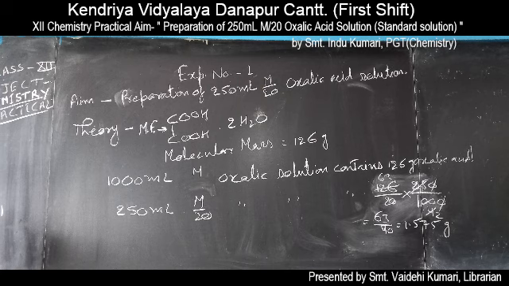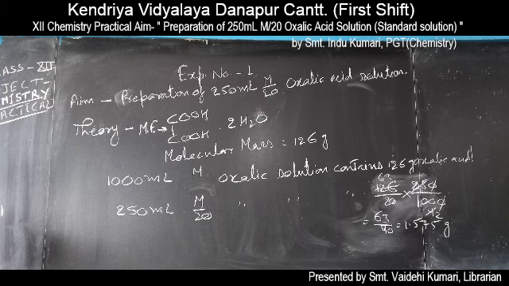Now, how will we calculate to prepare 250 milliliter M by 20 oxalic acid solution? 1 molar solution means a solution which contains 1 mole in 1 liter. 1 liter means 1000 milliliter.